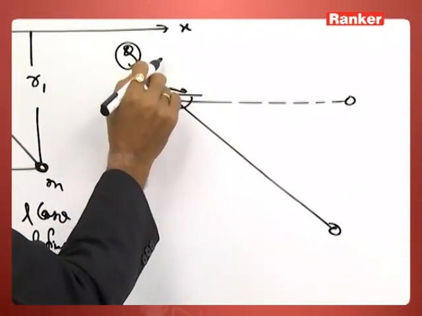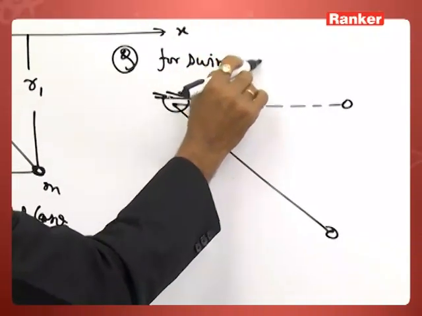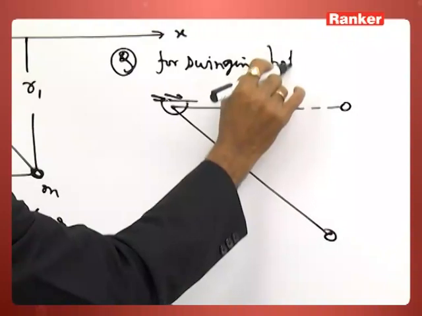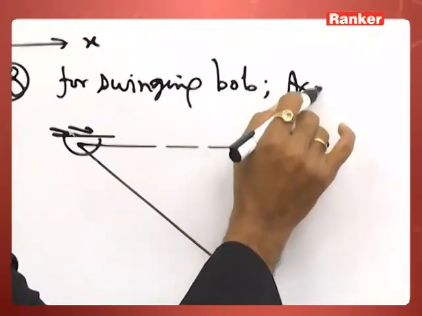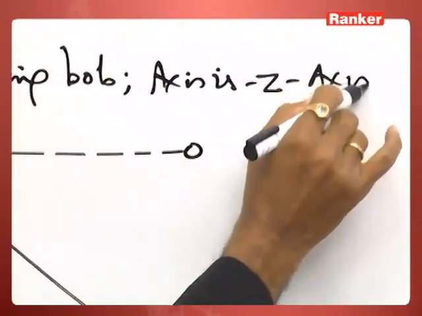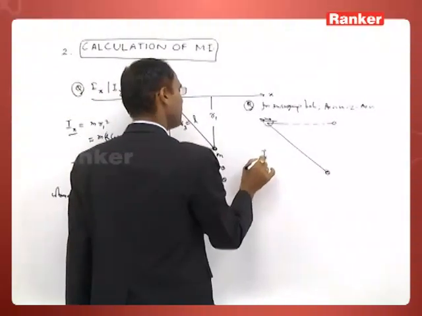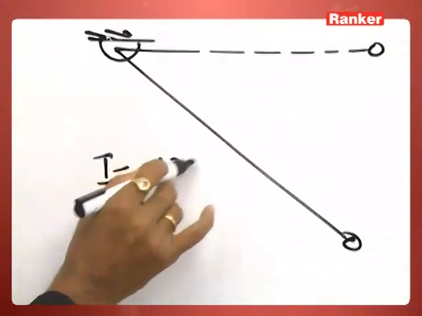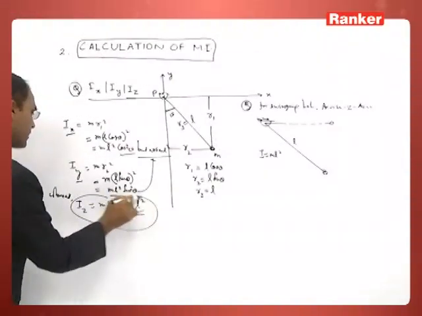So here the axis for swinging bob, axis is z-axis. So in this case, the moment of inertia is equal to ml square, because Iz is ml square.